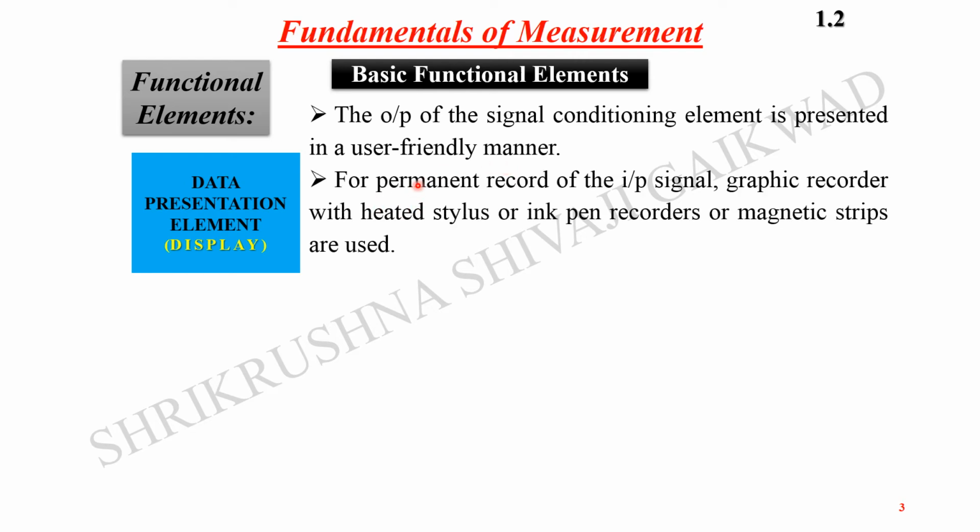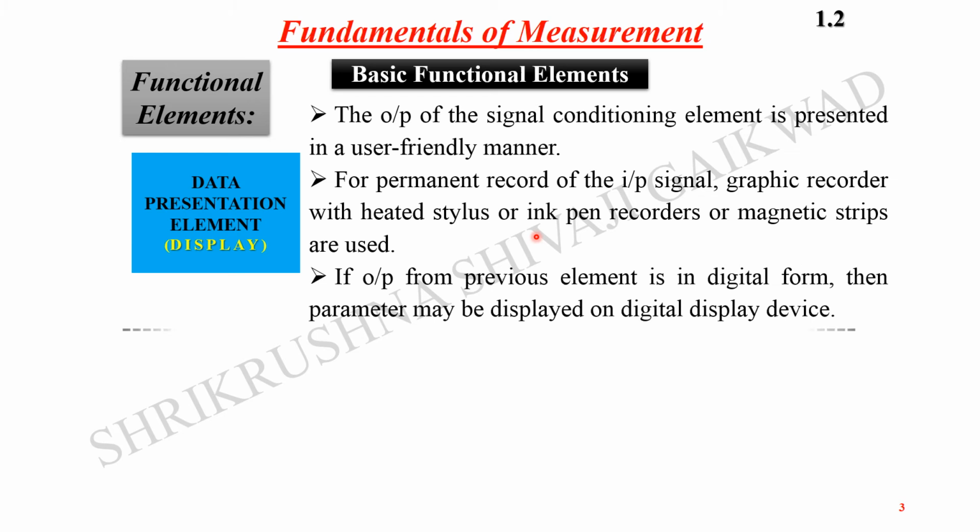If the operator gets changed, then even that person should get the information regarding the output which is measured. For the permanent record, the data presentation element is also very useful, for the permanent record of the input signal, using a graphic recorder, or with a heated stylus, or ink pen recorders, or magnetic strips.